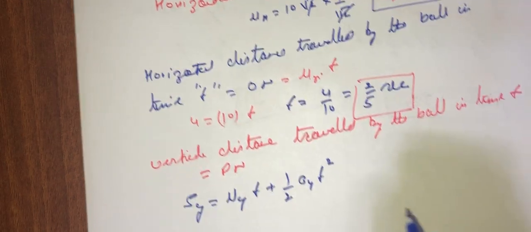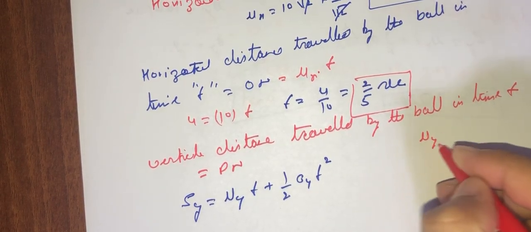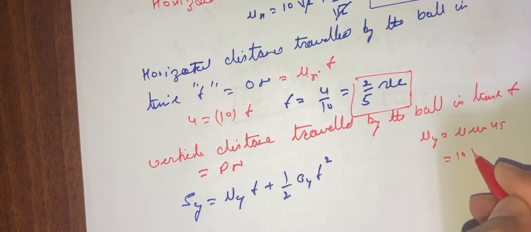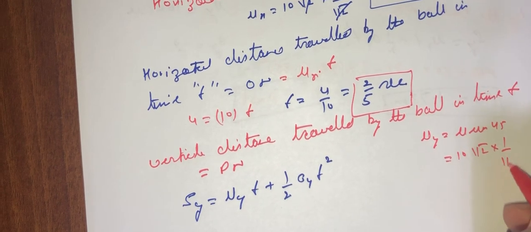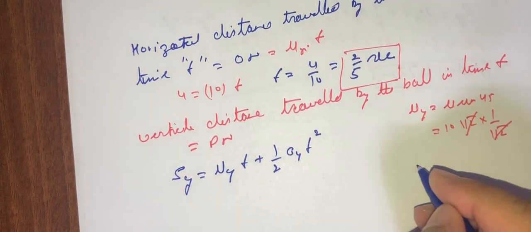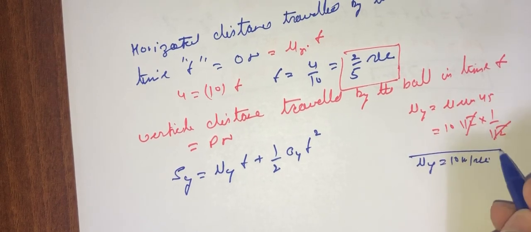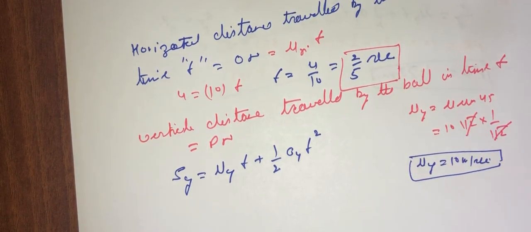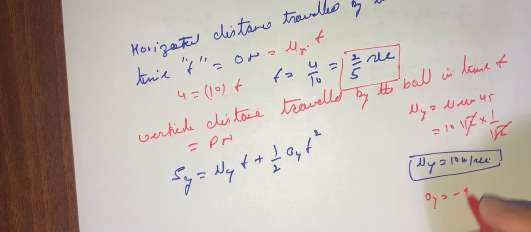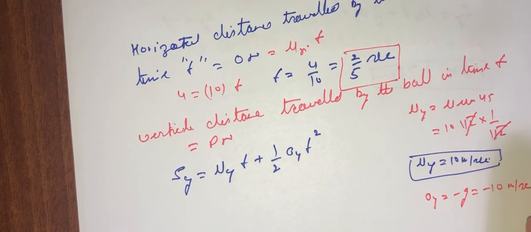So we can find out uy. Uy will be equal to u sine 45. U is given as 10 root 2. Sine 45 is 1 by root 2. Root 2 cancels out. So we get uy as 10 meter per second, and acceleration due to gravity ay will be equal to minus g, which we should take as 10 meter per second square.